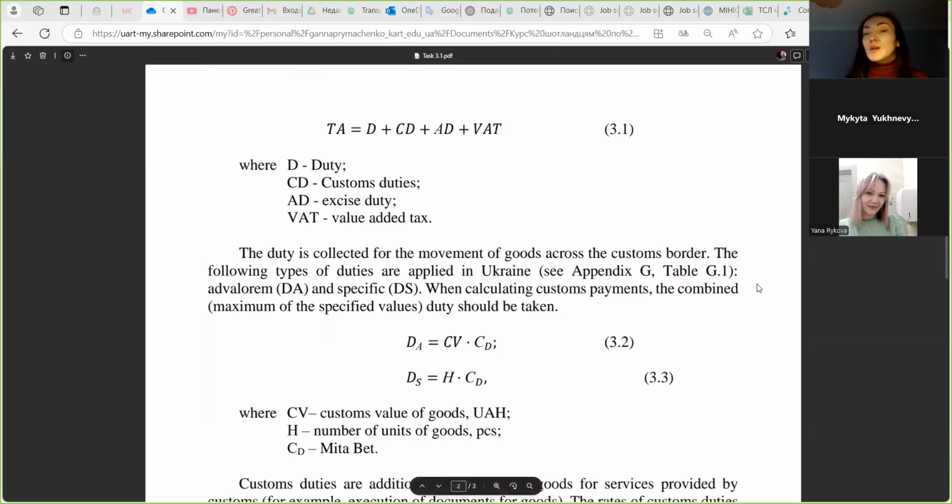So, for example, Mikita calculated that it will be 19 euros. It is our customs duties. So write, please, CD is equal, for example, to 19 euros, and find these sums in hryvnias. So we need 19 euros, for example, multiplied by the course of euro, so multiplied by 44.9, and find the result in hryvnias. So everything we calculated in hryvnias.